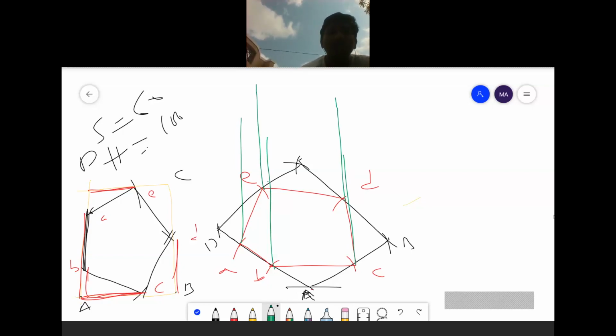Then this point is A, this point is B, this point is C, this point is D, this point is E. Then I am joining all these points A, B, C, D, E, A. Understand?